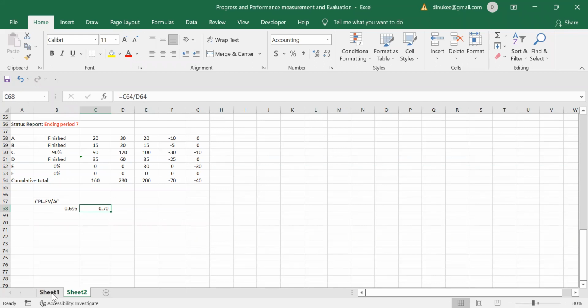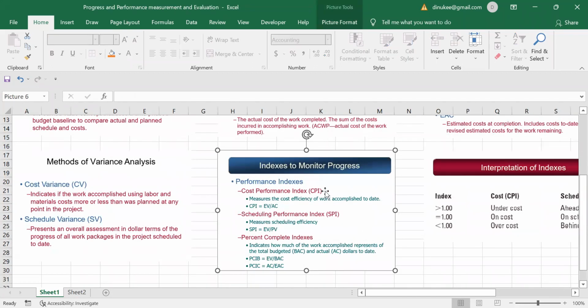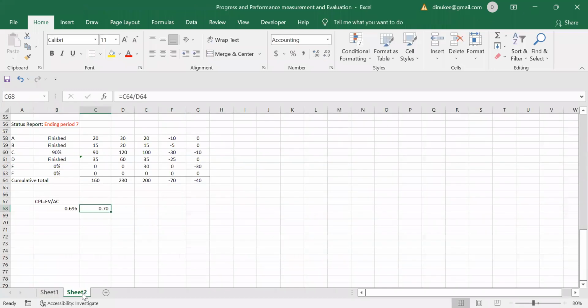I have calculated it for the ending period 7, so at the ending period 7 day we are measuring our efficiency. For every rupee that we spend, we are actually earning 0.70.